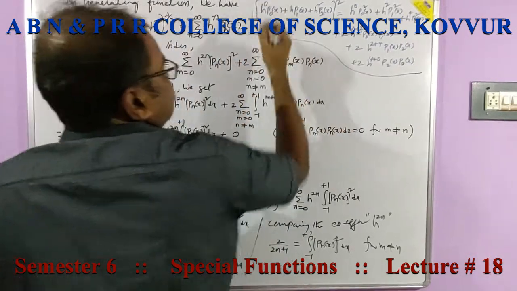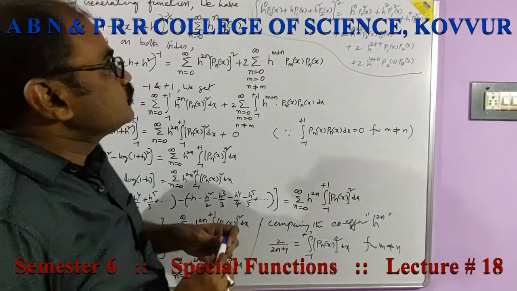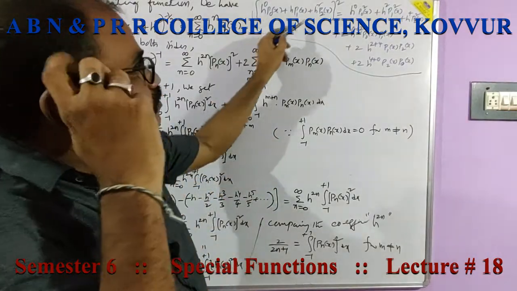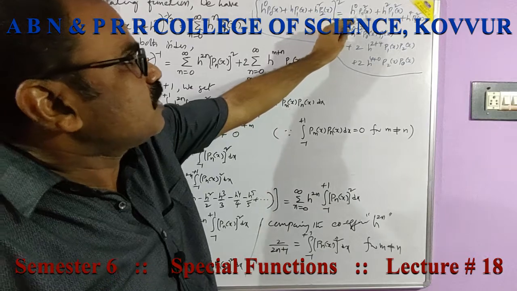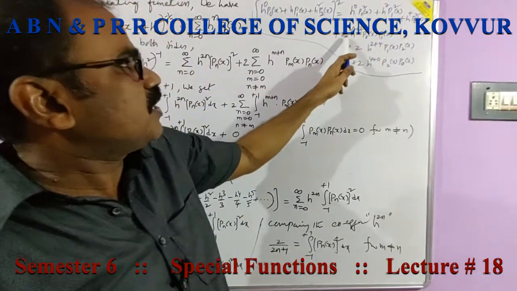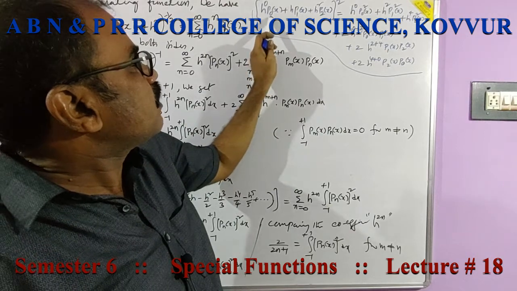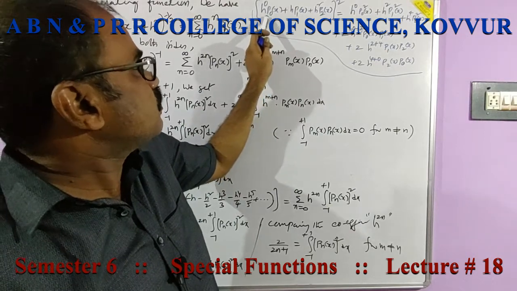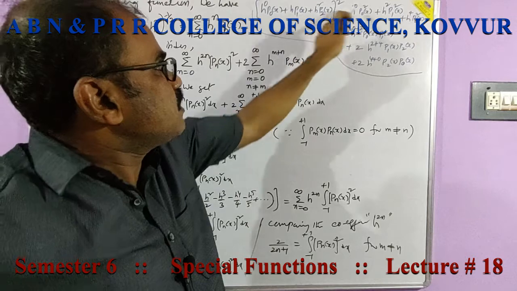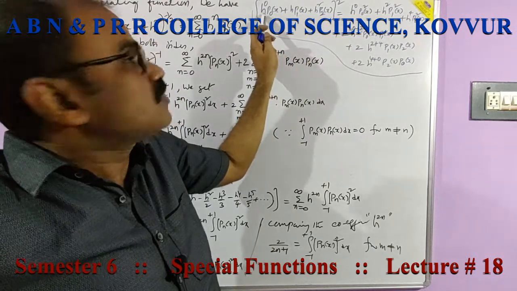Clearly see this. We have a plus b plus c whole square: a square plus b square plus c square, 2ab, 2bc, 2ca. So squaring on both sides, this is the square of this. A square is h power 0, constant.